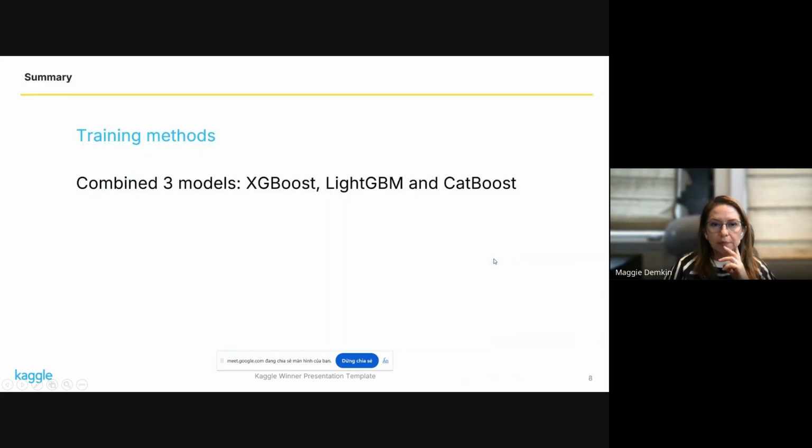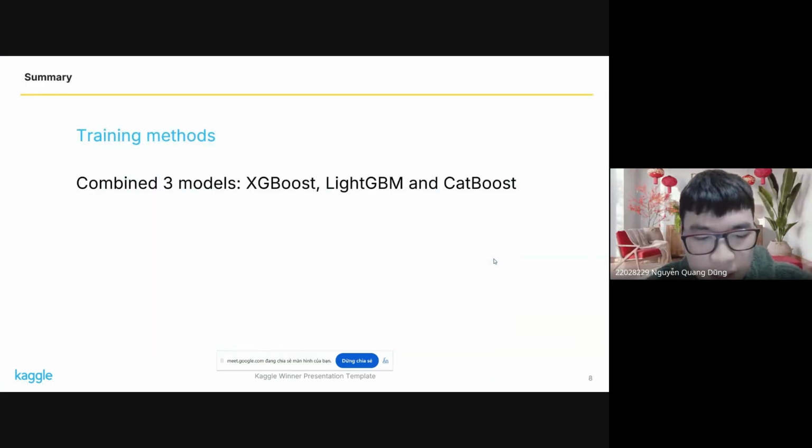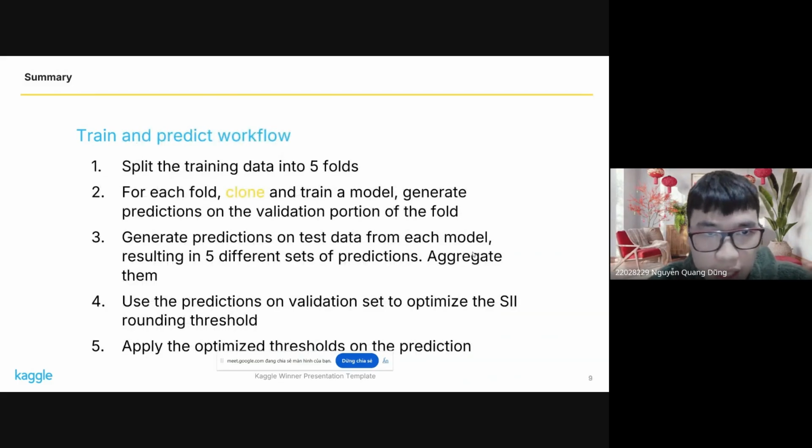Yes, so for this project, I combined three models: XGBoost, GBM, and CatBoost. Here is the training and making prediction workflow. First, split the training data into 5 folds.